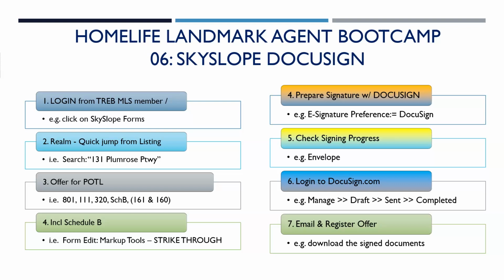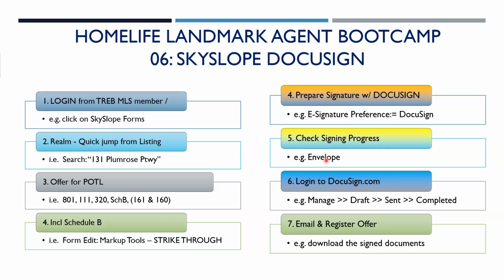But some of the agents probably pay for the other package, right? So they probably get used to it, and then they will just continue using that. That's okay. You can specify it from the e-signature version in your profile. Other than that, they will be the same for the Skyslope.